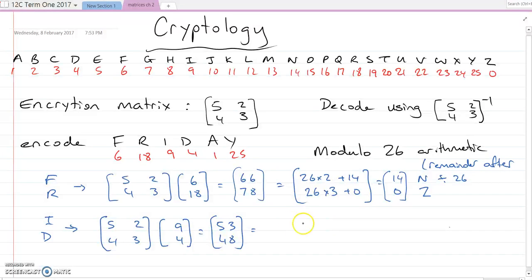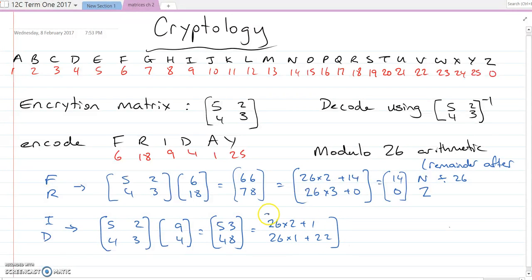Now mod 26: 53 is 26 times 2 plus 1, so the remainder is 1. And 48 is 26 times 1 plus 22.